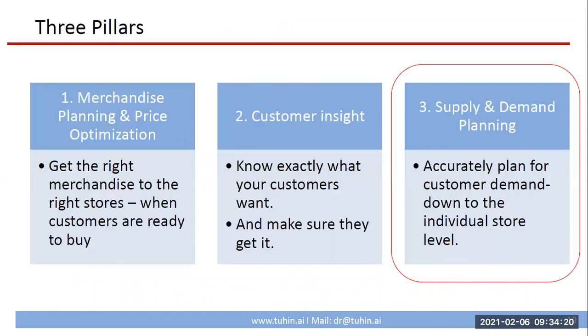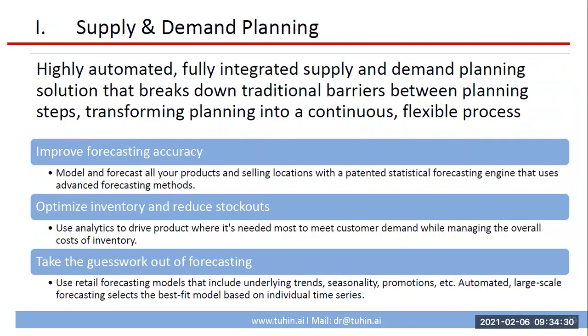Now let's move to the third of the pillars, which is supply and demand planning. Accurately plan for the customer demand down to the individual store level. As I mentioned, it should be highly automated, fully integrated. I always emphasize these two words, automated and integrated. Without that, it will not fly.